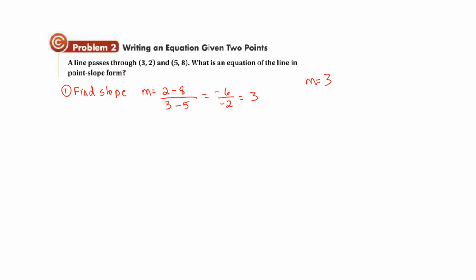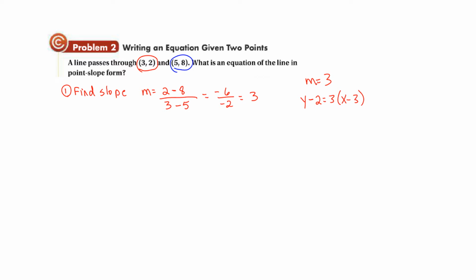So m equals 3. Then I can use either one of these 2 points. It doesn't matter. I can use 3, 2, or I could use 5, 8. If I use 3, 2, I'm going to substitute into my point slope formula. y minus 2 equals my slope of 3 times x minus 3.